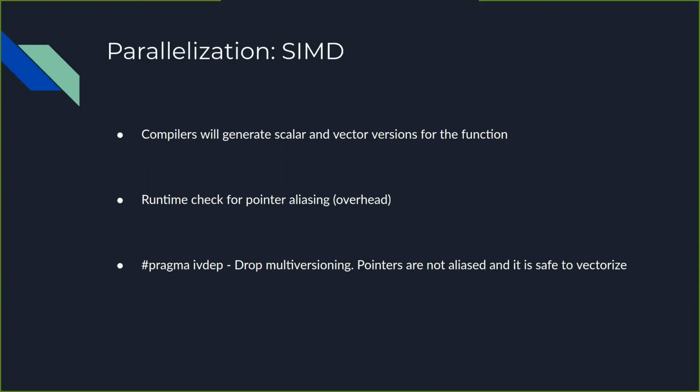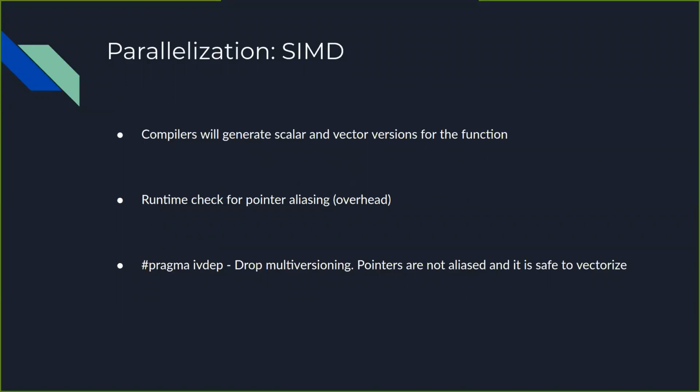So this is the first pragma that I want to discuss, which is pragma ivdep. It is somewhat non-trivial to use this. I haven't seen many cases where this has been used, but it essentially tells your compiler to drop multi-versioning.